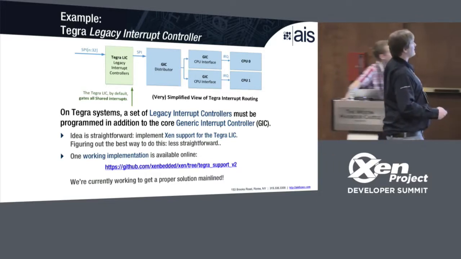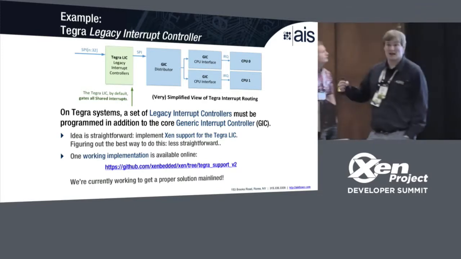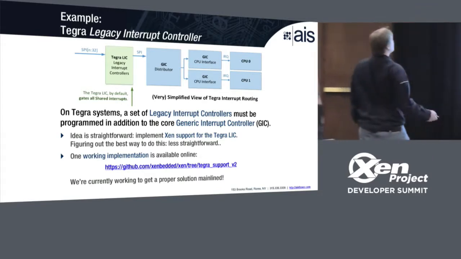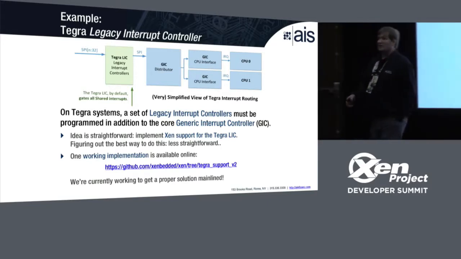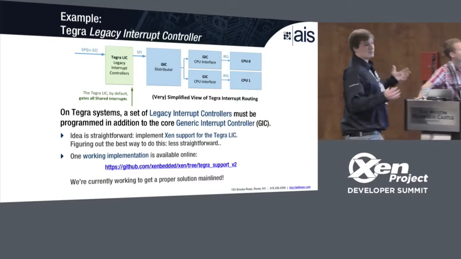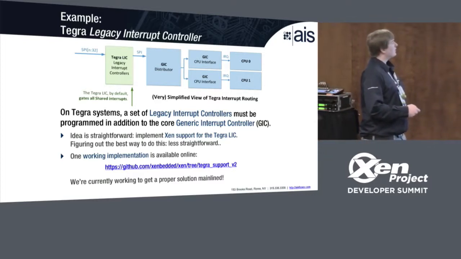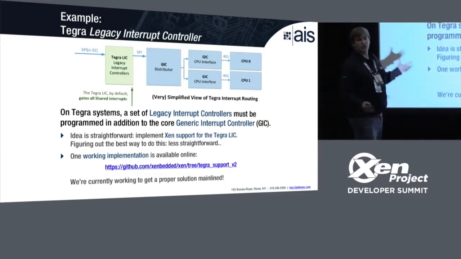On Tegra systems, there's actually a second legacy interrupt controller that also has the capability to mask IRQs. So it turns out that we had to write a Xen platform module to support the Tegra legacy interrupt controller. And to enable pass-through, we had to write some logic that enabled this legacy interrupt controller to be virtualized.